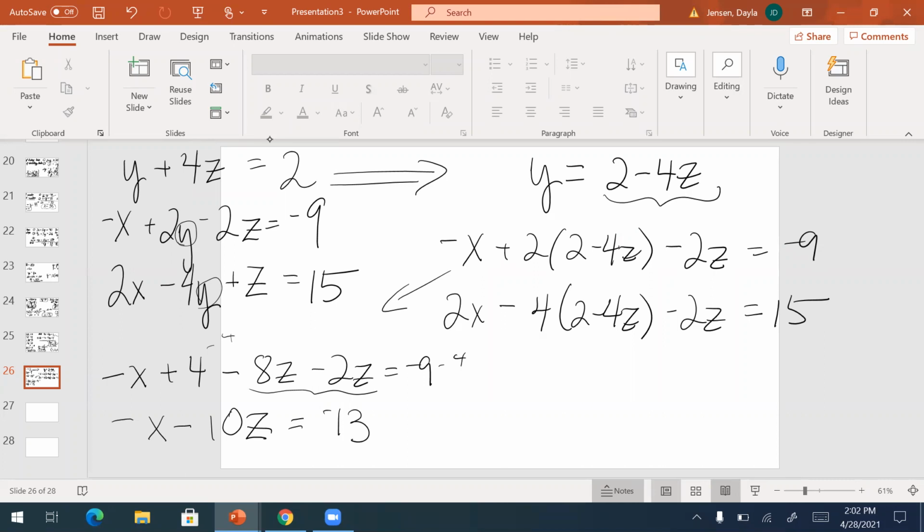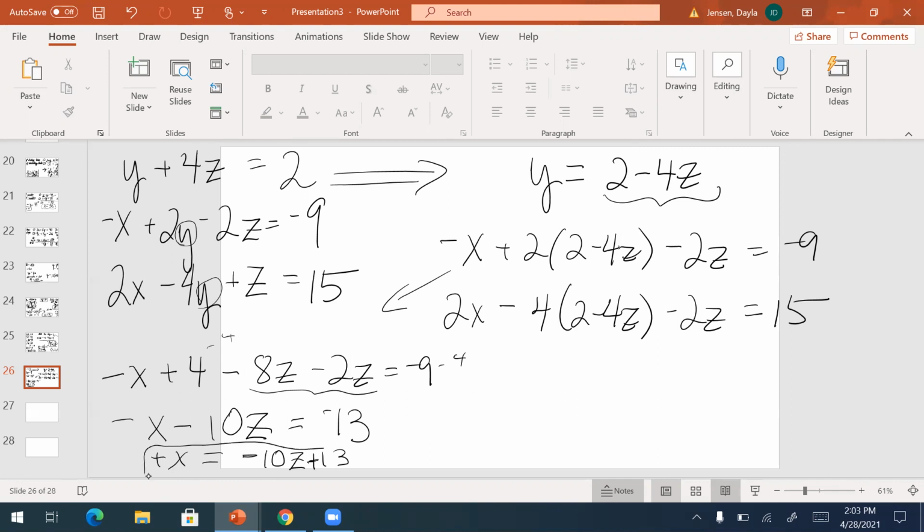I could solve that for x. Minus x, add 10z to both sides, equals 10z minus 13. Multiply both sides by negative 1: x equals negative 10z plus 13.